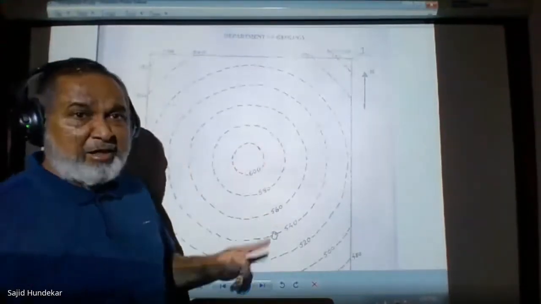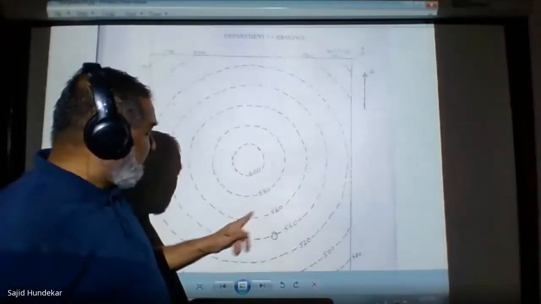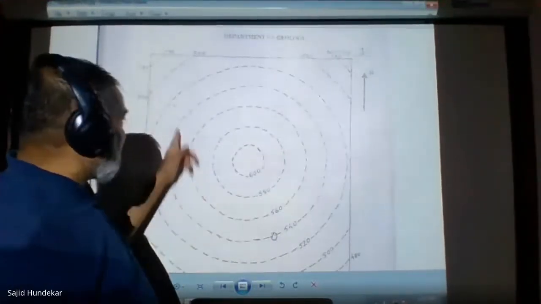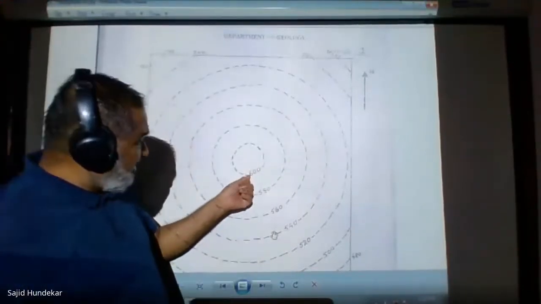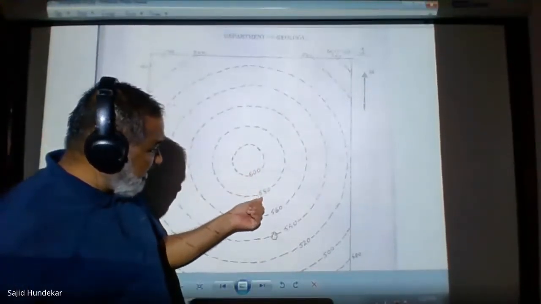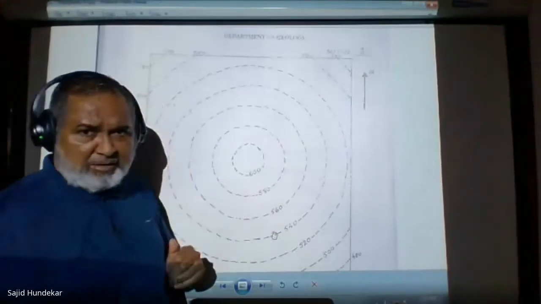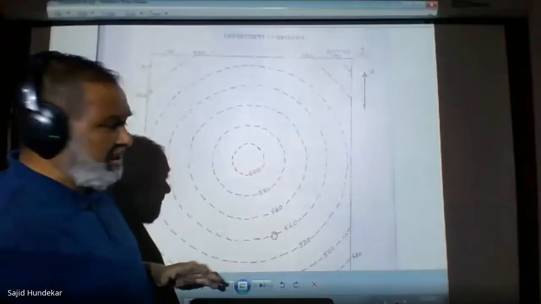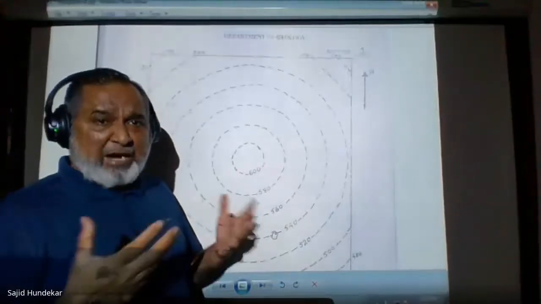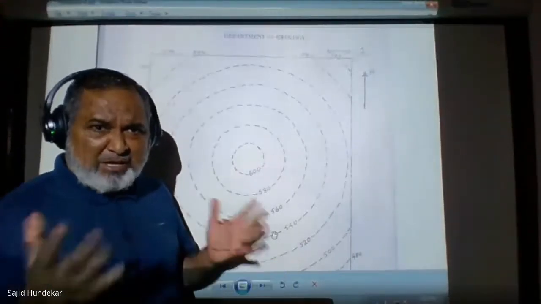This will be the third floor, this the second floor, this the first floor, and this the ground floor. Like this, stepwise we are going down. Here the values are 600, 580, 560, so the contour interval is 20 meters. It might be 40 meters, 50 meters, or 100 meters.